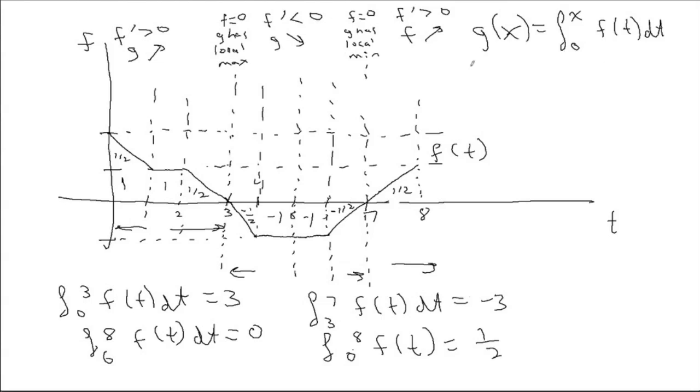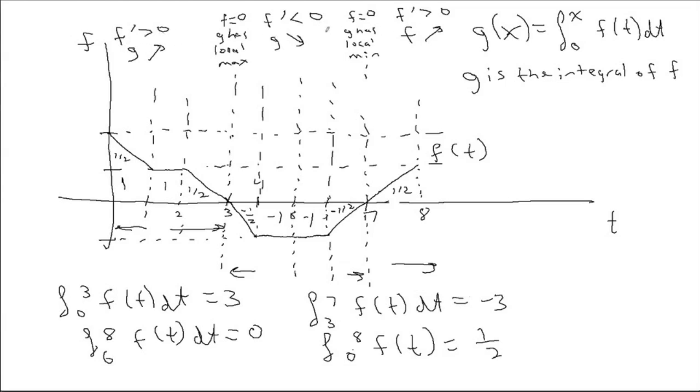So G is the integral. Do you see how we could say as a shorthand, G is the integral of f? Yep. Right. G is the integral of f, because G here is this integral of f, as a kind of shorthand.